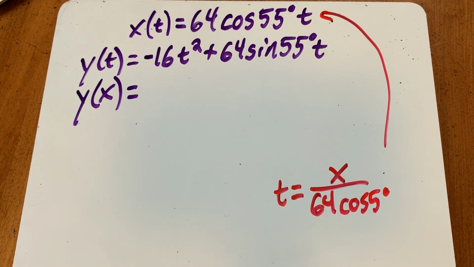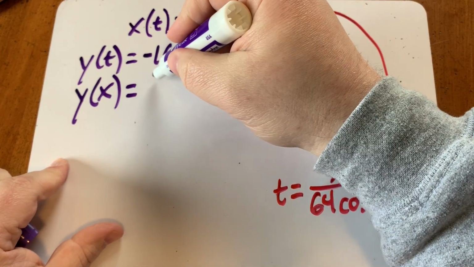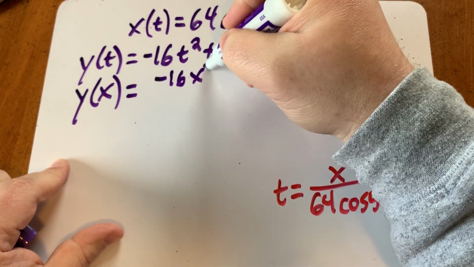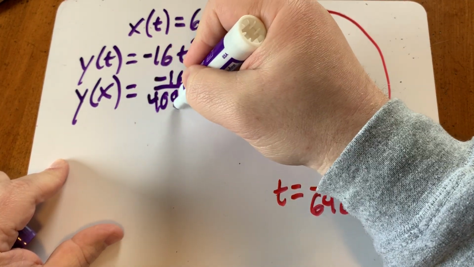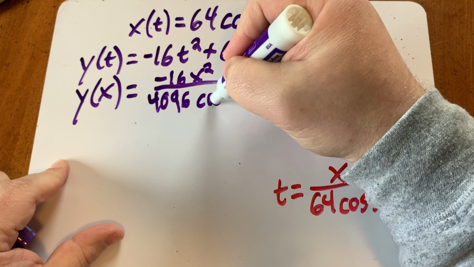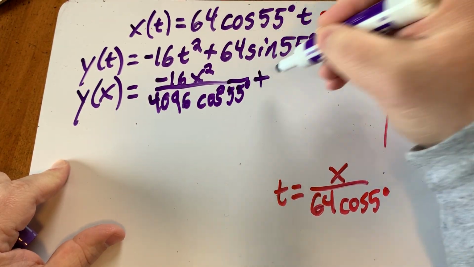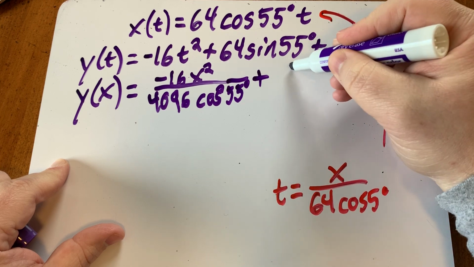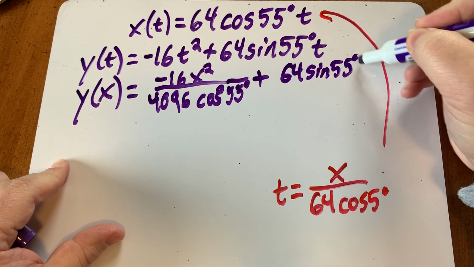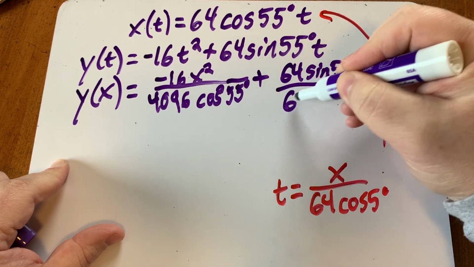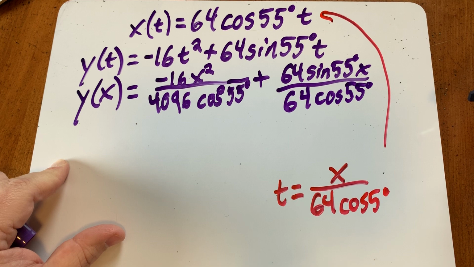And we can substitute that in. So it's negative 16 x squared over 64 squared, which is 4096, cosine squared of 55, plus 64 sine 55 times x over 64 cosine 55.